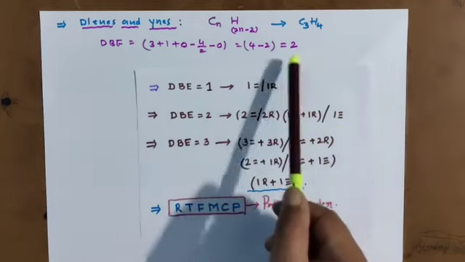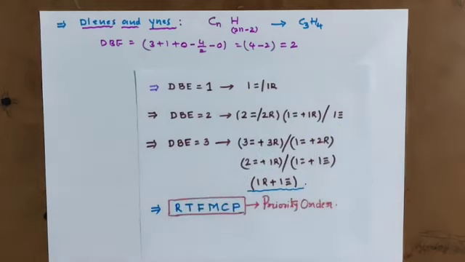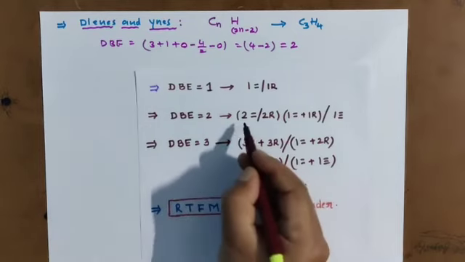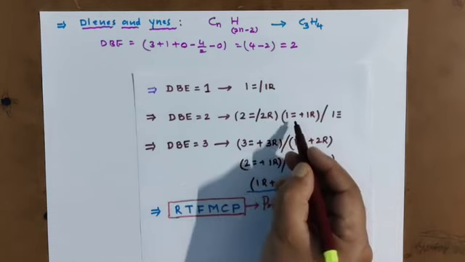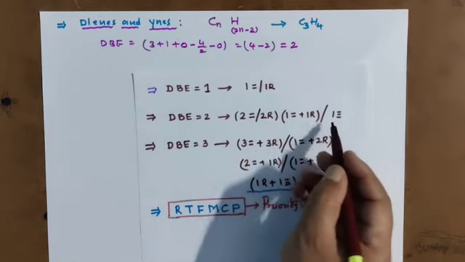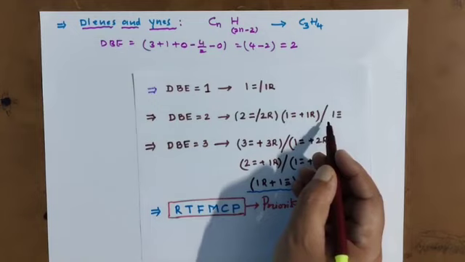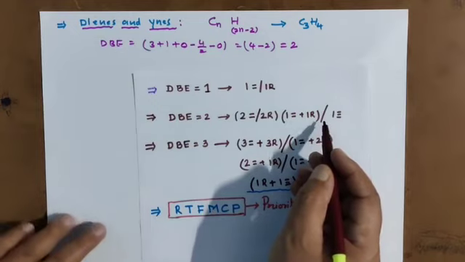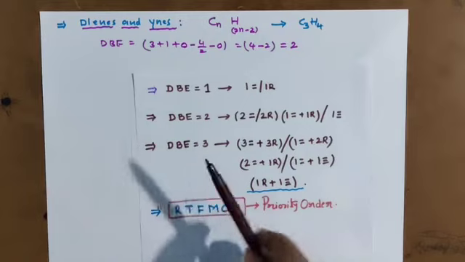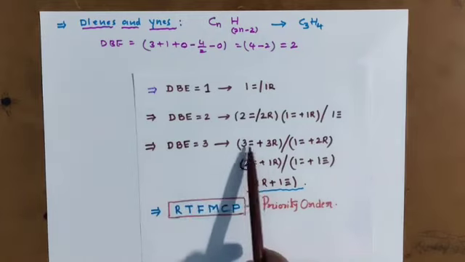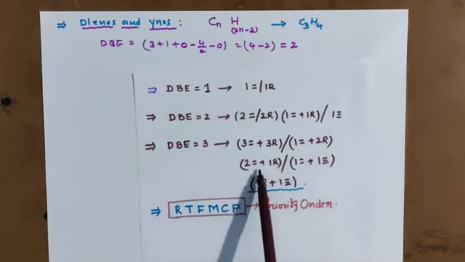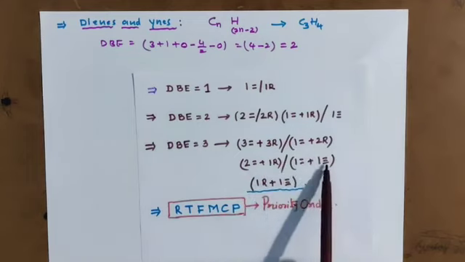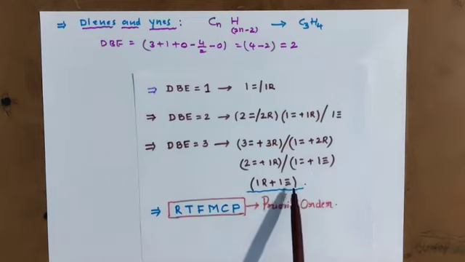If DBE is 3, the chances are 3 double bonds, 3 rings, 1 double bond and 2 rings, 2 double bonds and 1 ring, 1 double bond and 1 triple bond, 1 ring and 1 triple bond. Take a screenshot of this, it will be useful.